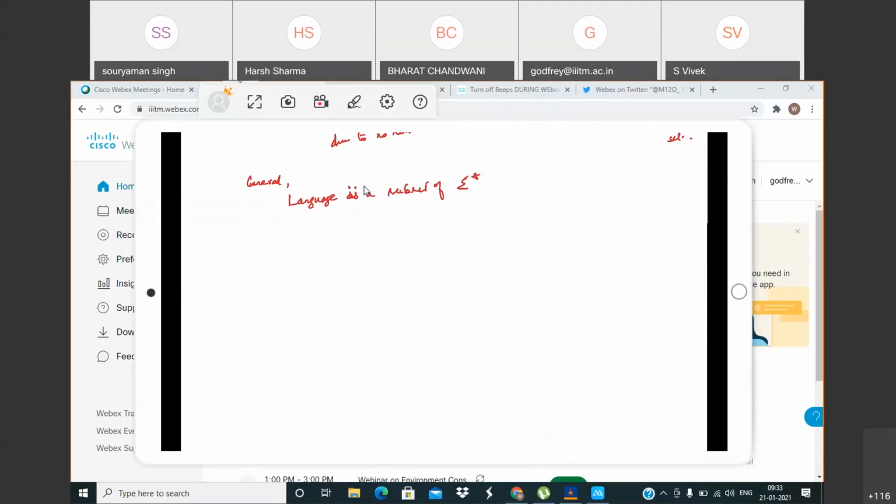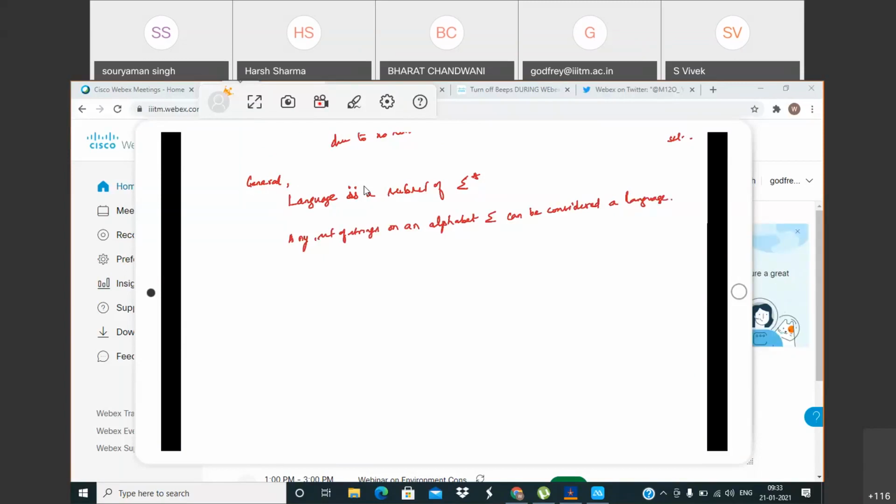So any set of strings on an alphabet sigma can be considered a language.